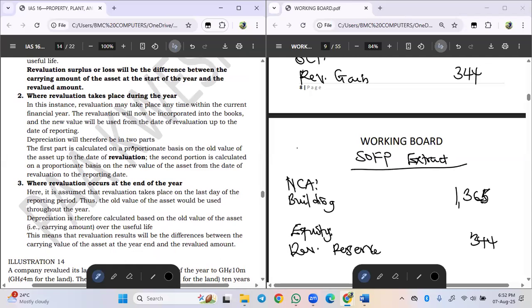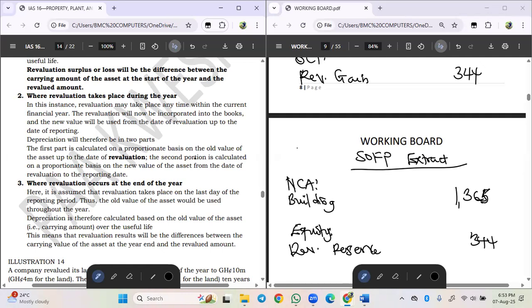Okay, so we are saying that with this one, the depreciation will be in two parts, as I said. The first part will be on the proportionate basis of the old value.